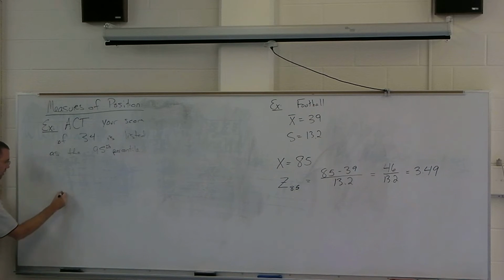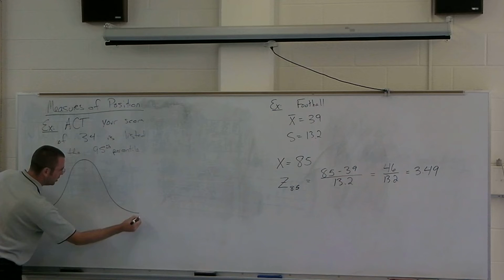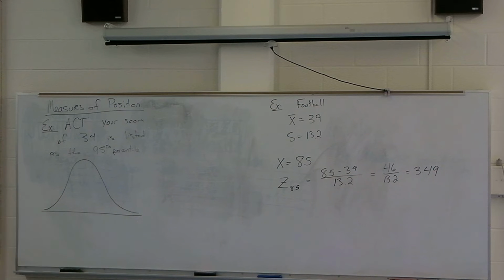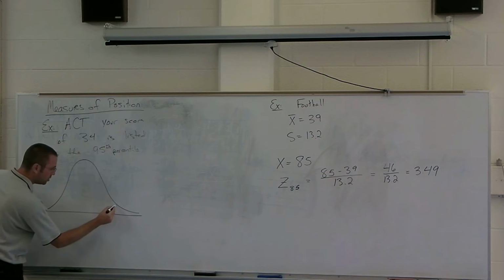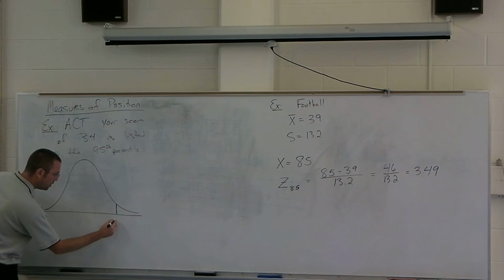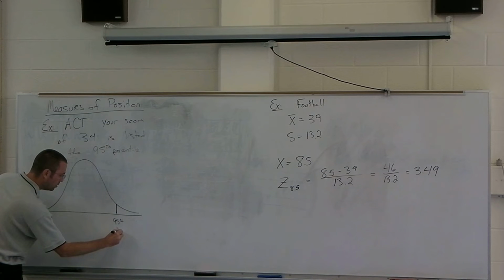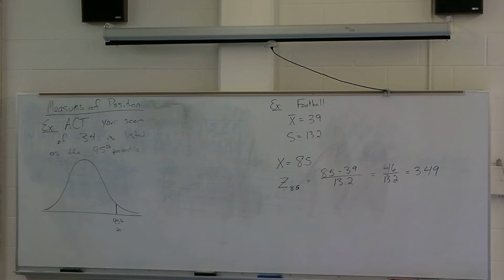And in fact, if we look at a distribution of ACT scores, approximately bell-shaped, that's irrelevant here, but the 95th percentile would be here. That little vertical line there represents our 95th percentile.